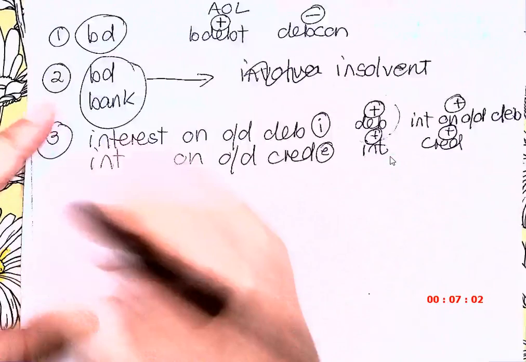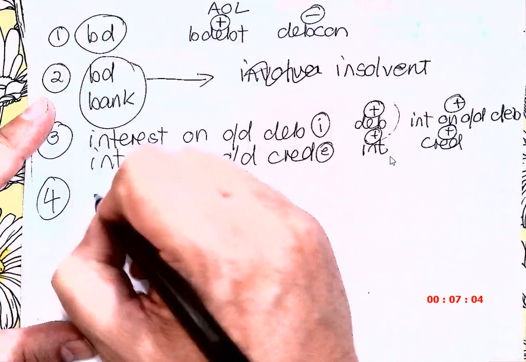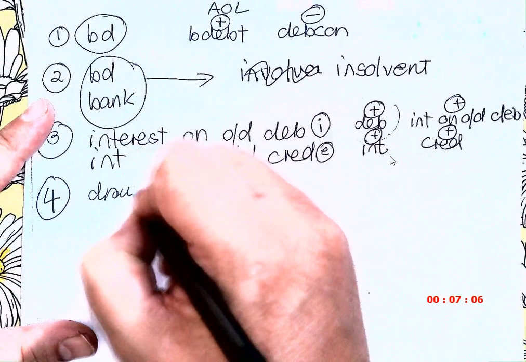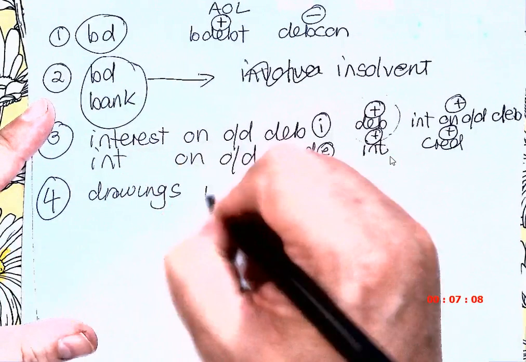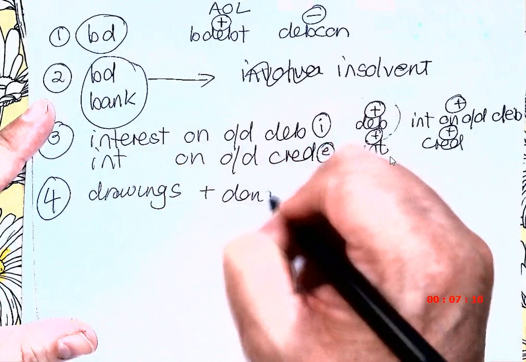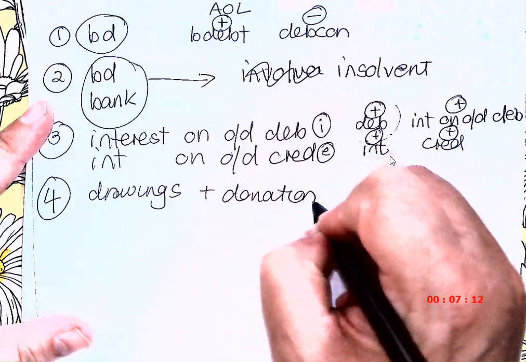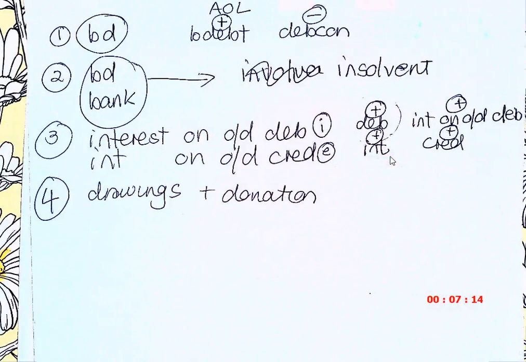The next thing we did was drawings and donations of things other than money. Ne? So they can take real stationery, or they can take some of the stock.